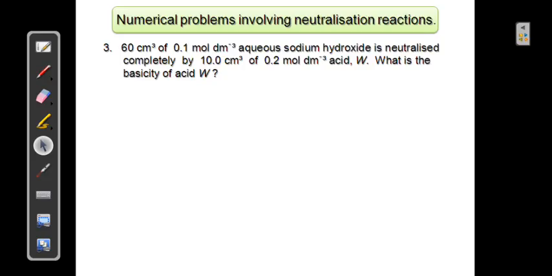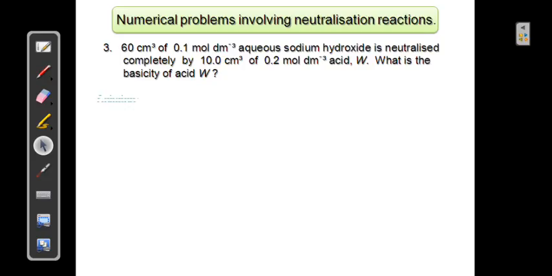So offhand you know that 60 cubic centimeter of 0.1 mole is equivalent to 30 cubic centimeter of 0.2 mole. It's the same. So offhand you know that this acid W surely has basicity of 3, right? So let's check.